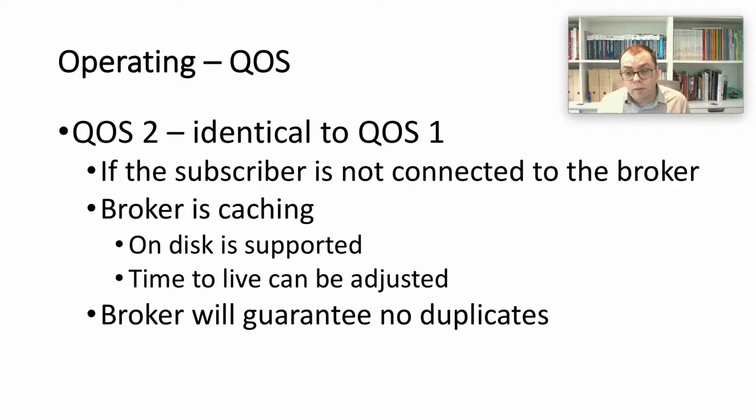It depends on the available memory for the broker and the amount of data you want to cache. As an example, Mosquitto, the implementation I'm going to be using for demonstration, the time to live is 30 minutes by default.